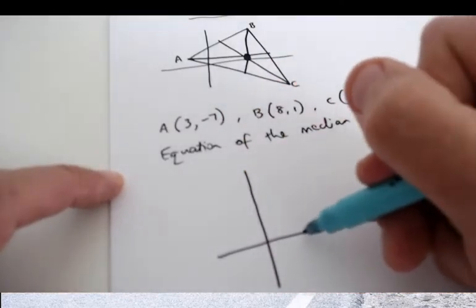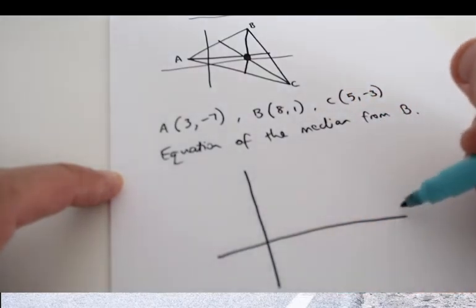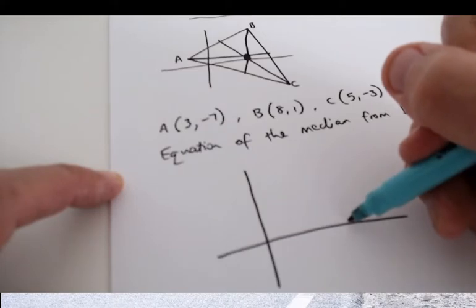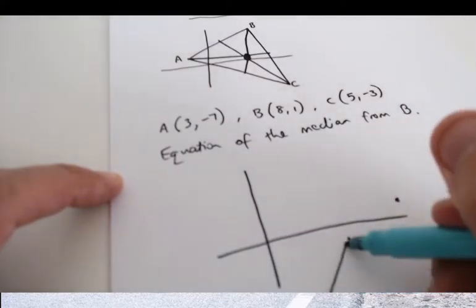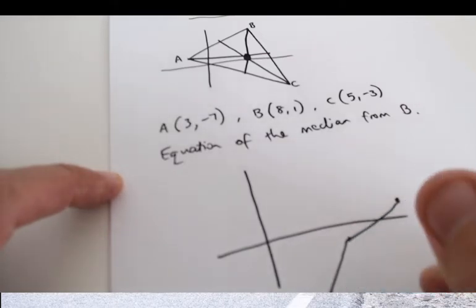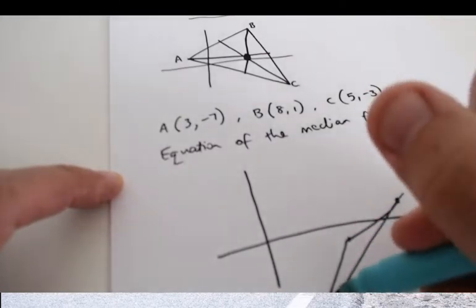So (3, -7), (8, 1), (5, -3), something like so.